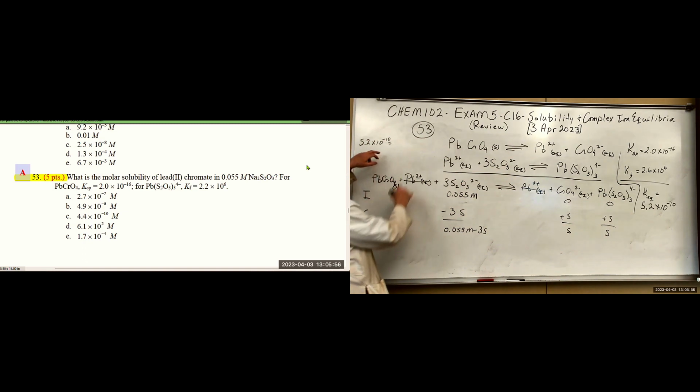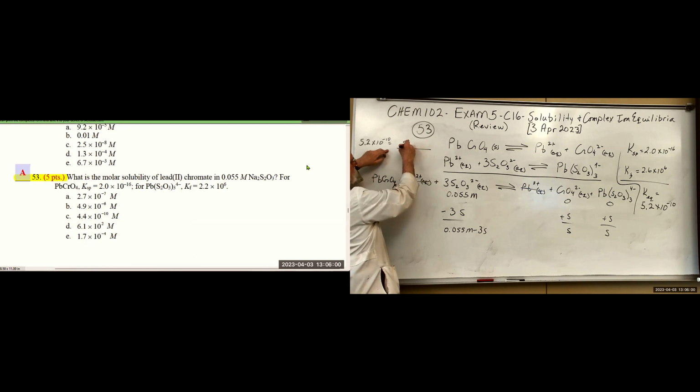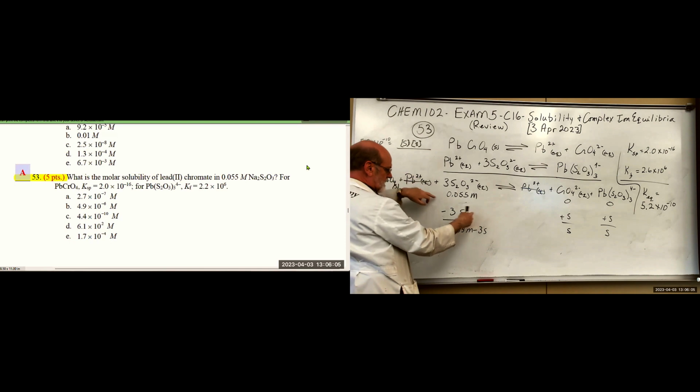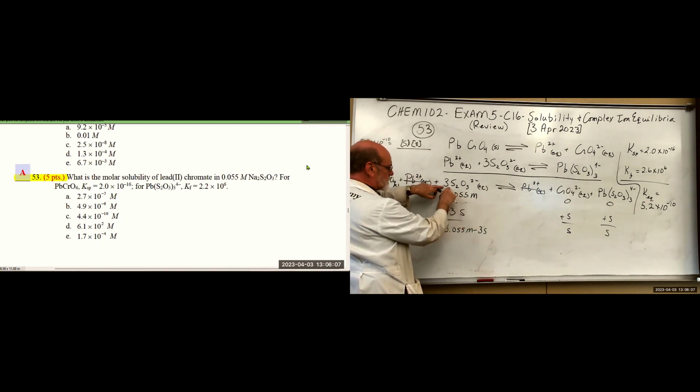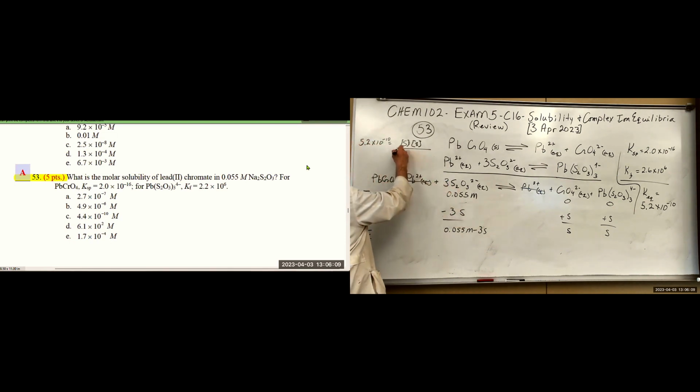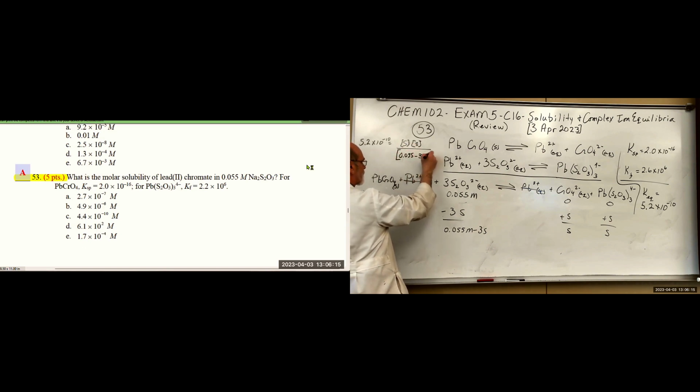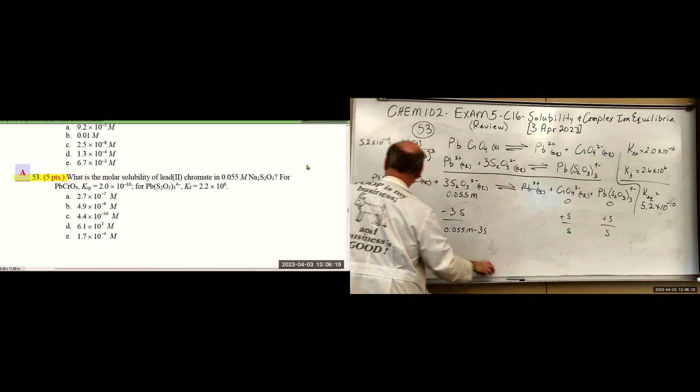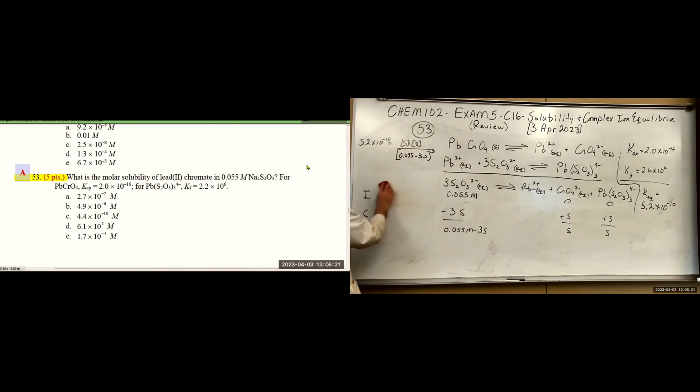Let's just put in the values. So that's S times S, and then divided by this one to the 3rd power. There we go. All right, so I'm going to have to erase this to make room.